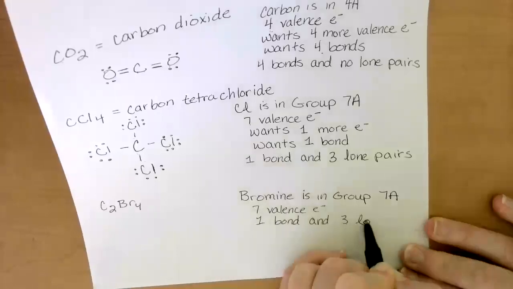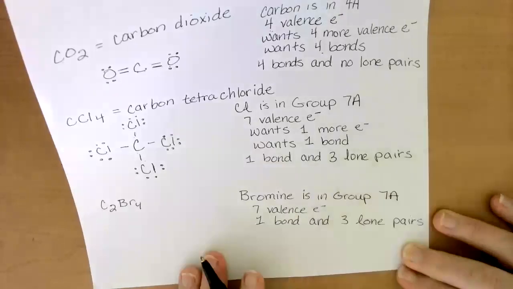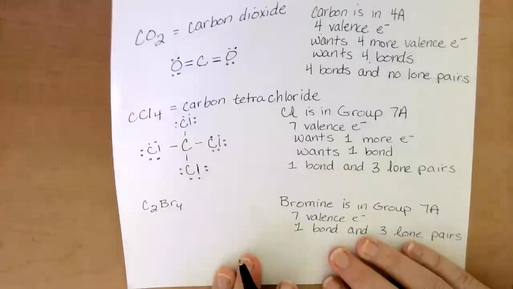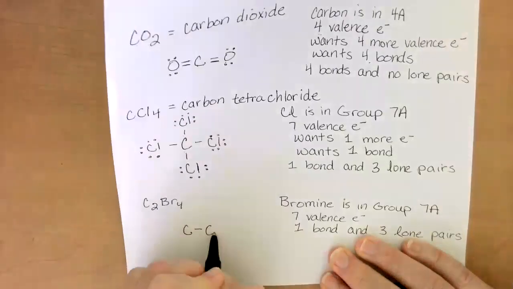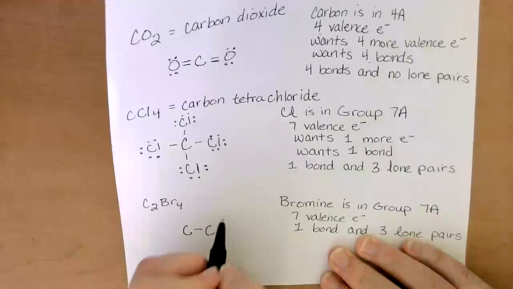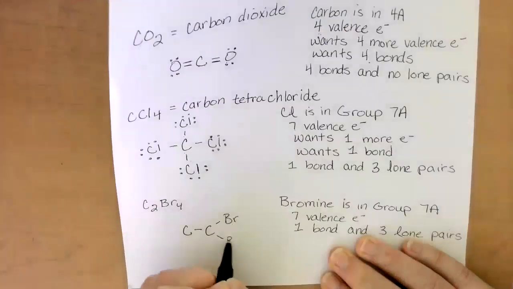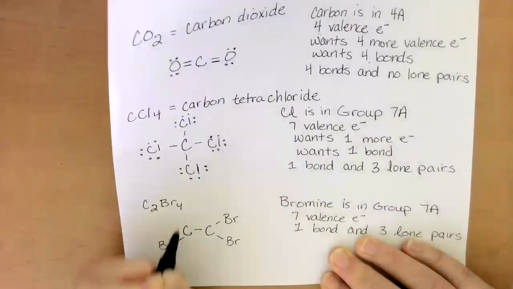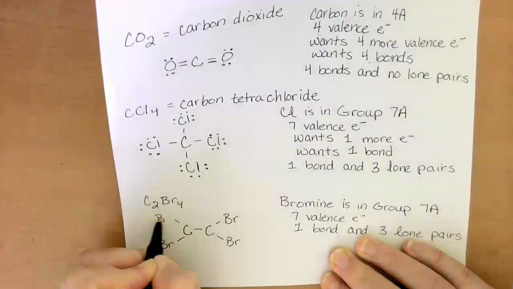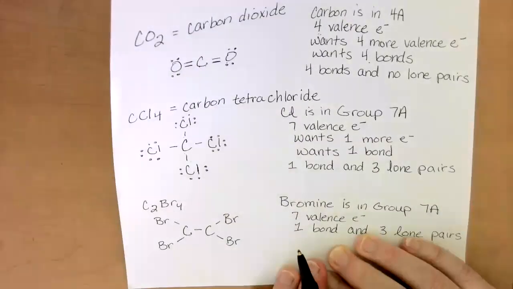The tricky part on this one was the carbon. Still going to want 4 bonds, but with the 2 carbons there, they go in the center. And we're going to be fair. We're going to put those 4 bromines around those 2 carbon atoms, giving them each 2. We share electrons and we share those atoms that they have bonded on them.